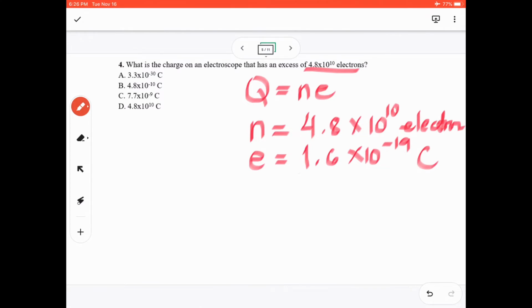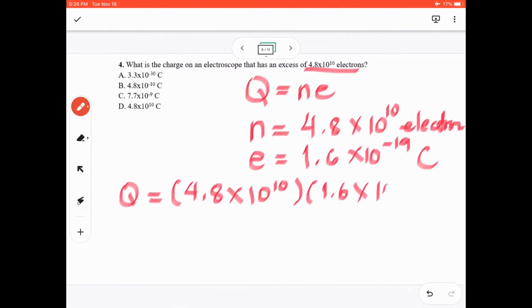Okay, so we're looking for Q. Q now is equal to N, which is 4.8 times 10 raised to 10 electrons, multiplied by E, which is 1.6 times 10 raised to negative 19 coulombs.